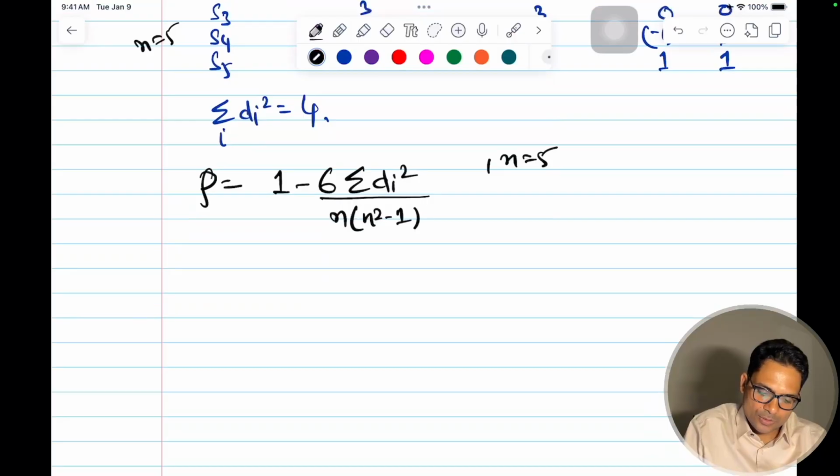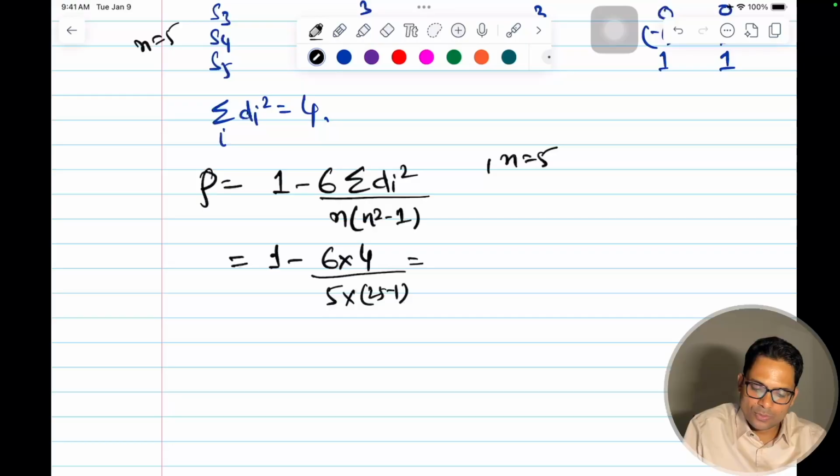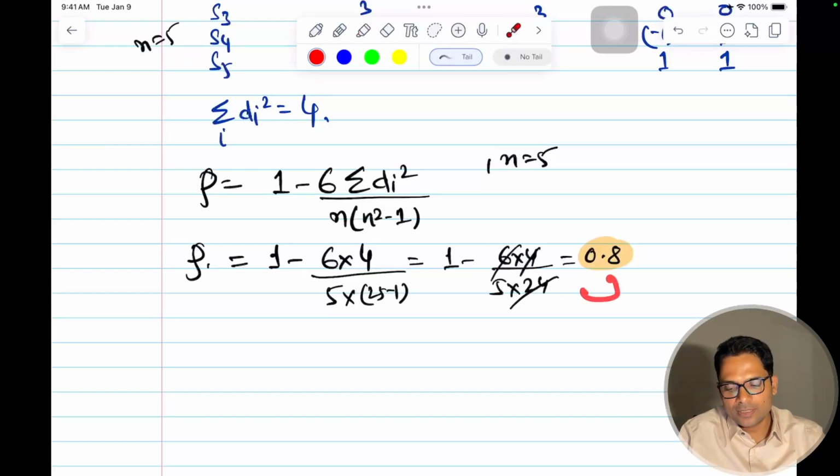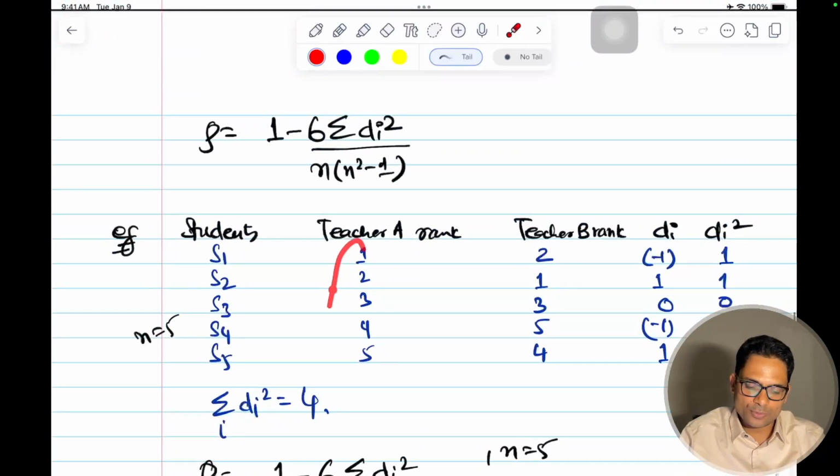So rho is equal to 1 minus 6 into 4, as we have calculated di square, by 5 into 5 square is 25 minus 1, which is 1 minus 6 into 4 by 5 into 24. 4 and 6 is 24 and this 24 goes. So 1 minus 1 by 5, this is equal to 0.8. So my rho is 0.8. This shows that there is a strong correlation between the ranking of the 2 teachers for the 5 students.